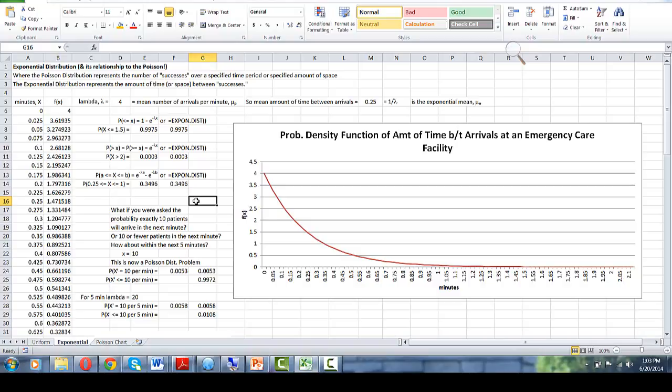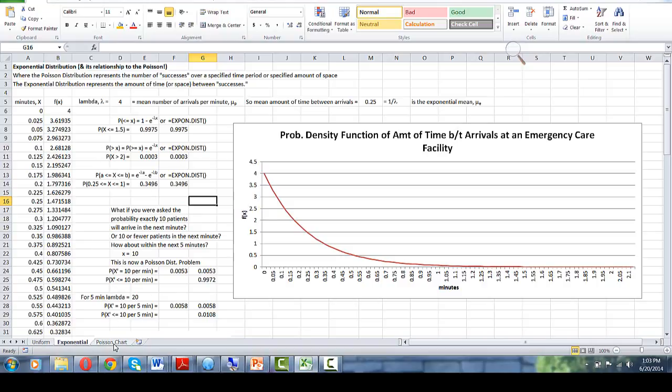What I also want you to be able to do is convert this knowledge here to problems dealing with a Poisson. So you may be given a list of problems, and I do this for you in the notes. I give you a few exponential type problems, and then we switch to the Poisson.